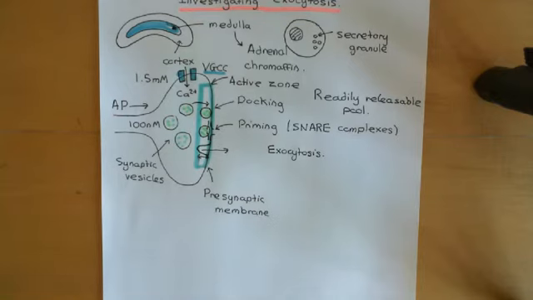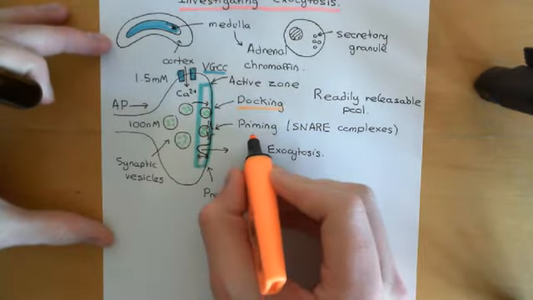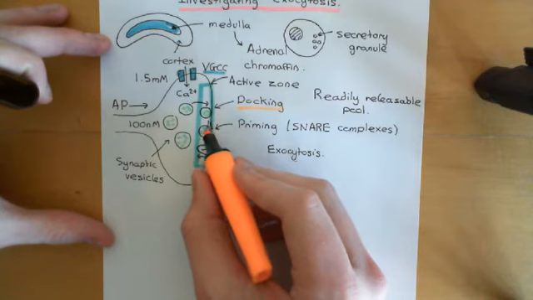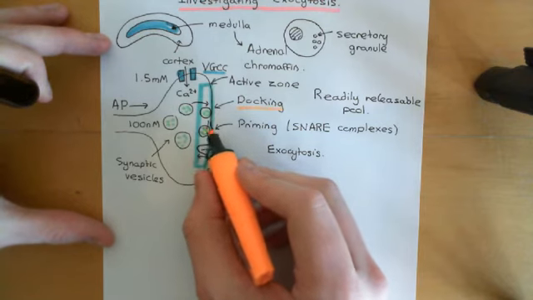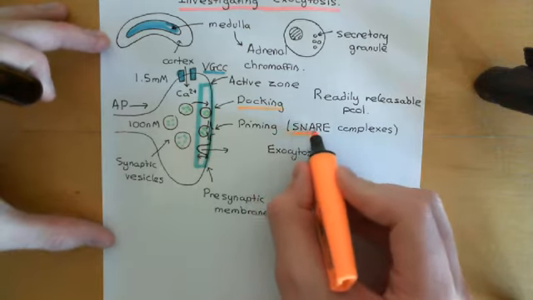Okay, so what we're now going to discuss is what proteins are involved in this priming process. We're not going to discuss the docking process because that's not well understood at all. We're going to start with the priming process. How do you prime the synaptic vesicle so that it's ready for fusion? How do you form these snare complexes?